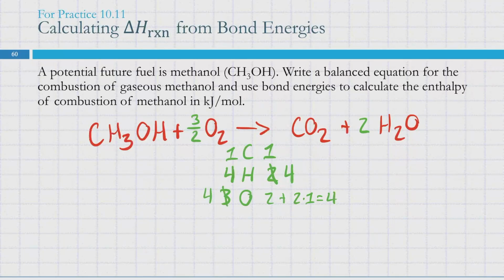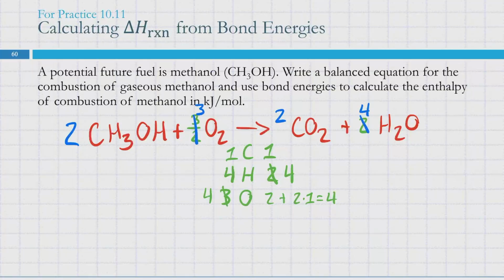That gets things balanced out, but we have a coefficient with a fraction in it, and so we multiply everything by 2. So there's our balanced equation for the combustion of methanol. And if you can believe it, that's the fast part. Or at least to me, that's the fast part.